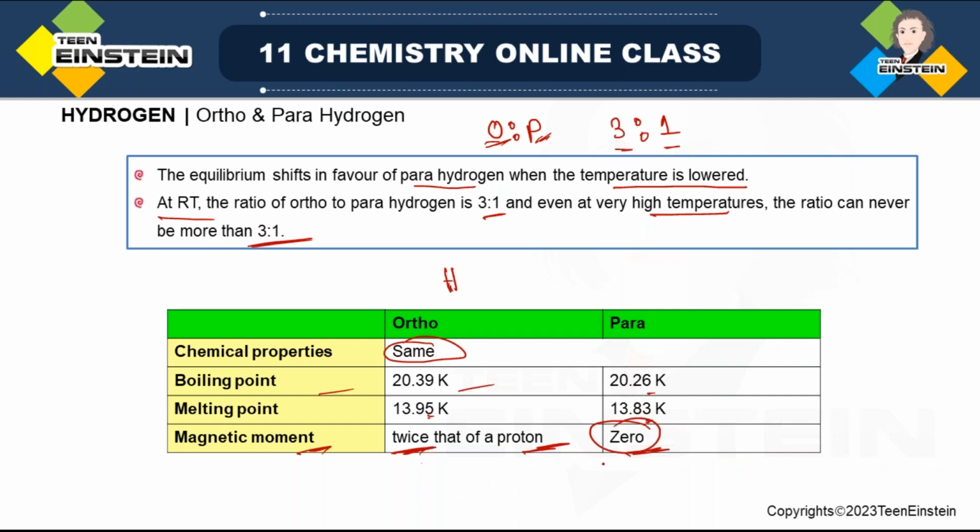But in para, one will cancel the other, so ultimately the magnetic moment will be 0. That is how we can compare ortho hydrogen and para hydrogen.